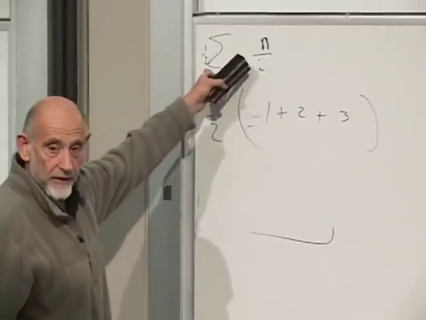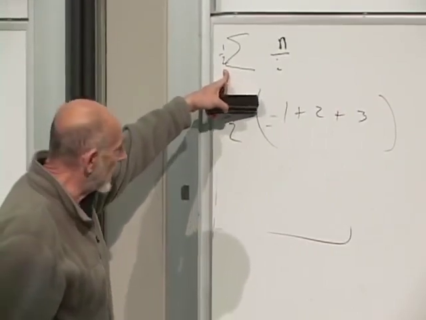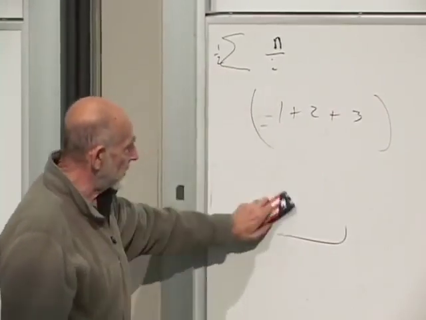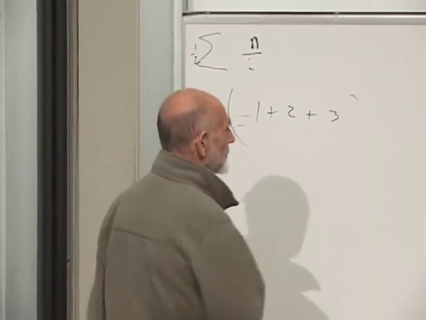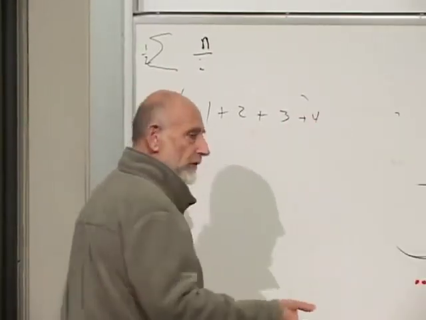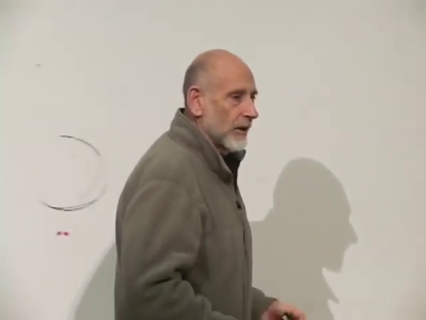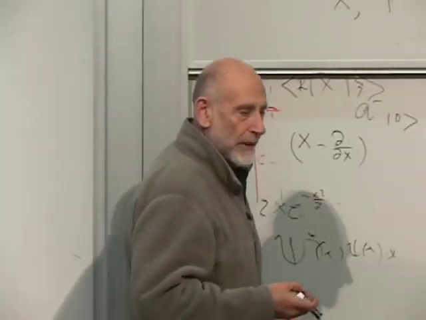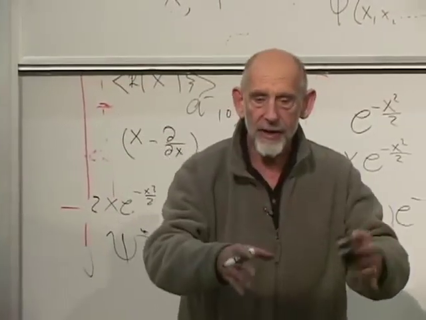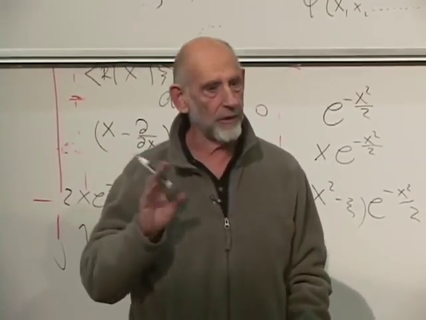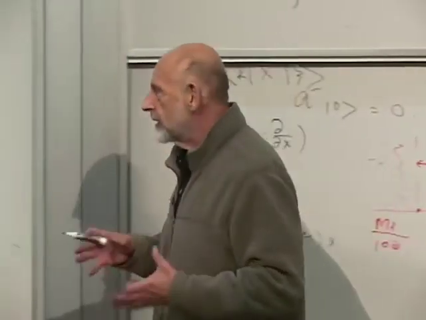That comes from the half h bar omega. But the basic calculation is to add up all of the integers. It's obviously infinite, okay? But let's see if we can extract out of that infinite piece an infinity plus something finite. This is always the way quantum field theory and relativistic quantum mechanics works.